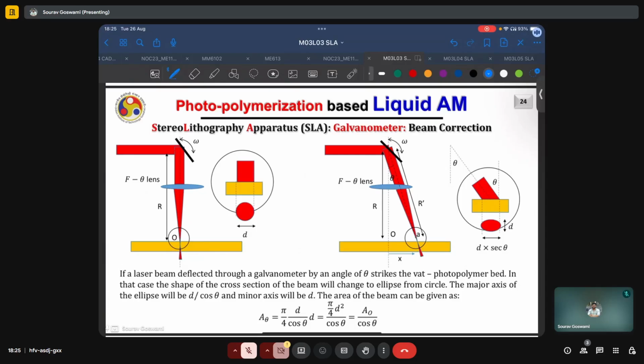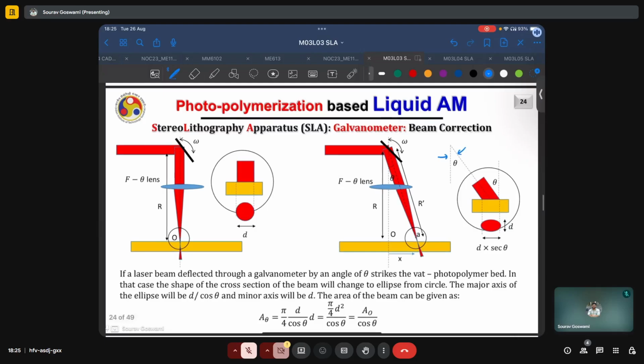However, when these angles of deflection are large and we are trying to deflect our laser beam at some significant angle from the optical axis, the cross section of the incident beam may no longer be expected to be circular in nature. In fact, it will be elliptical, as depicted in this schematic to the right here, where we are deflecting our laser beam at some angle theta.